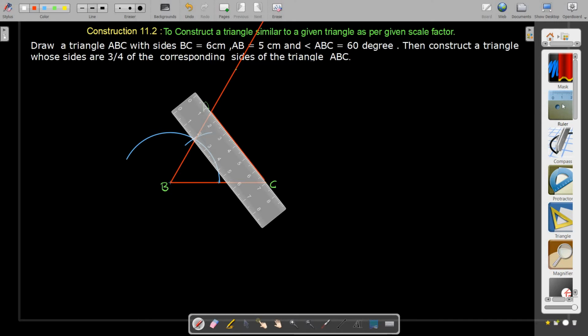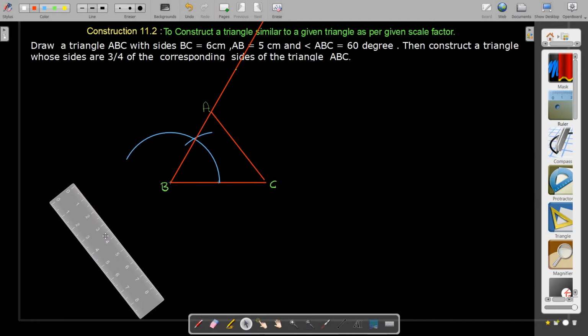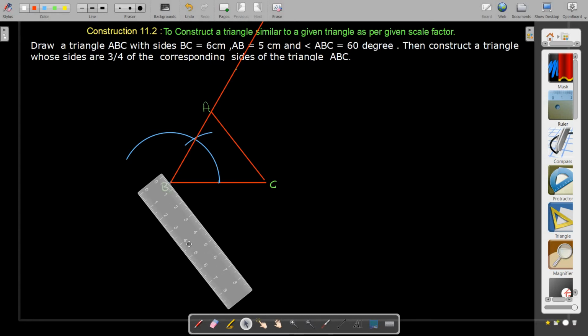Now, once we have drawn the triangle ABC, we have to construct another triangle whose sides are 3/4 of this triangle. For that purpose, at B, we have to draw an acute ray. So I just place the scale at B, and we will draw an acute ray.